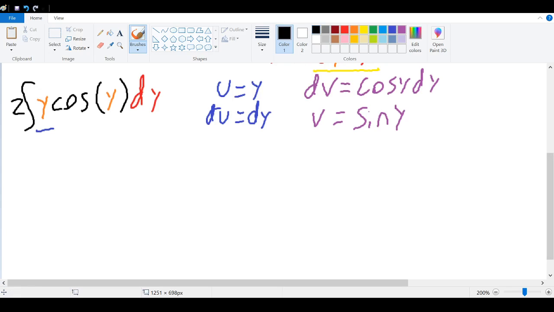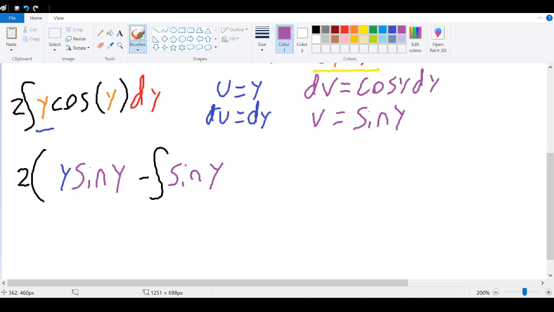We have this 2 multiplied by everything. And so now we have uv, which is y times sine y, minus the integral of v du. So we have the integral of sine y, and then du is equal to dy.